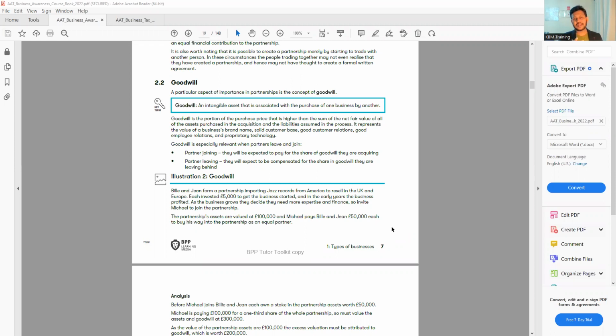Now, for example, let's say you have a business, and you think you made a wonderful business, and you think your business is better than anyone. So it is possible you might put a value 1 million for the goodwill. But is there any people outside who is willing to pay 1 million for your business?